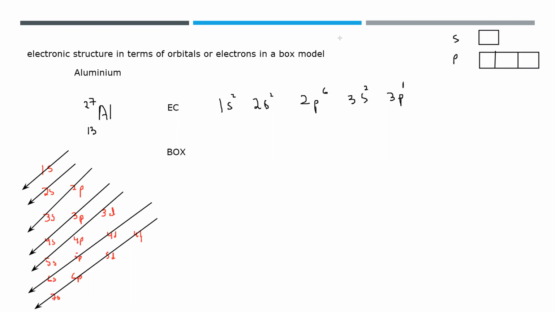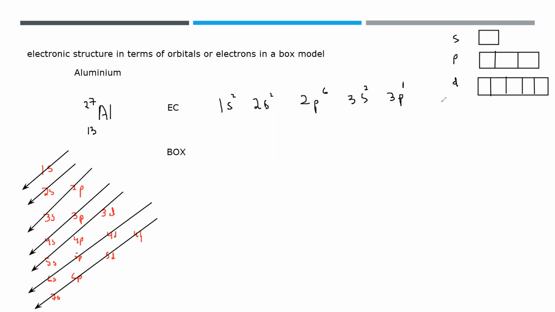D contains 5 orbitals, each orbital can hold 2, but the total number of orbitals is 5.